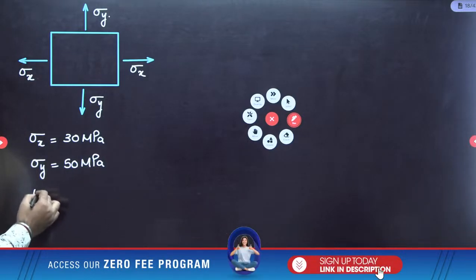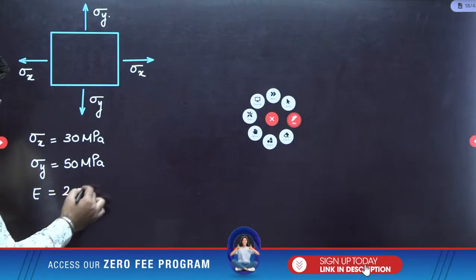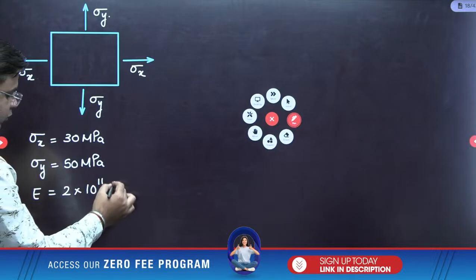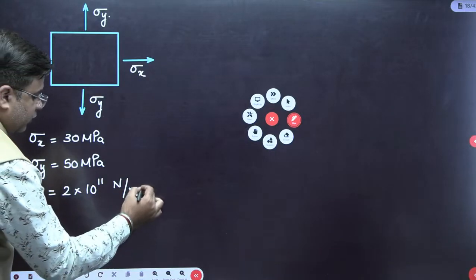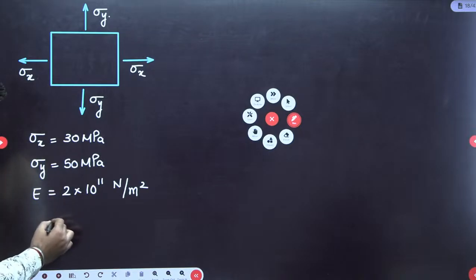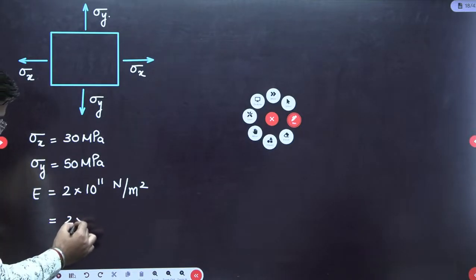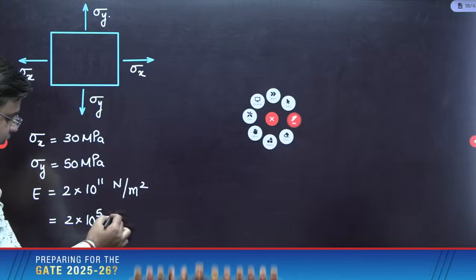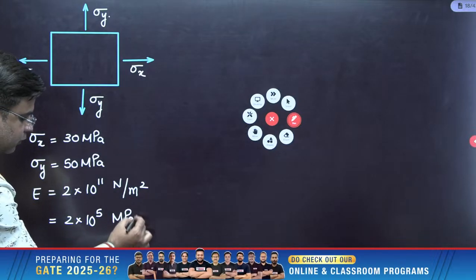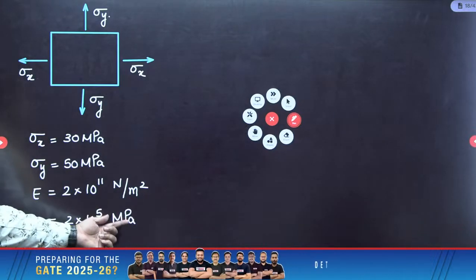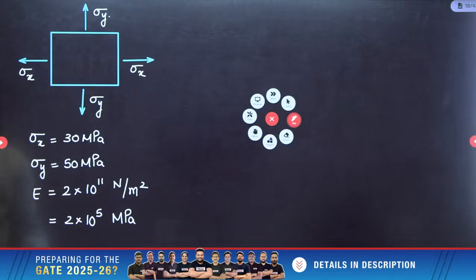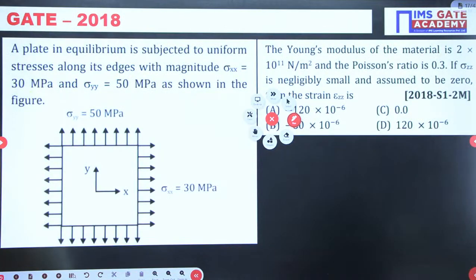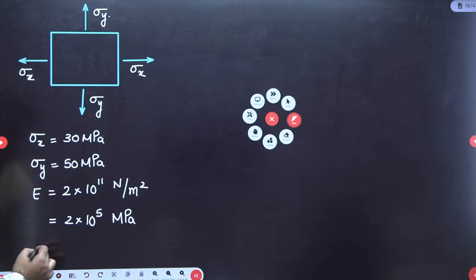Young's modulus is 2 into 10 raised to power 11 Newton per meter square. I can write this as 2 into 10 raised to power 5 megapascal. Next, Poisson's ratio is given to you as 0.3, so mu is 0.3.